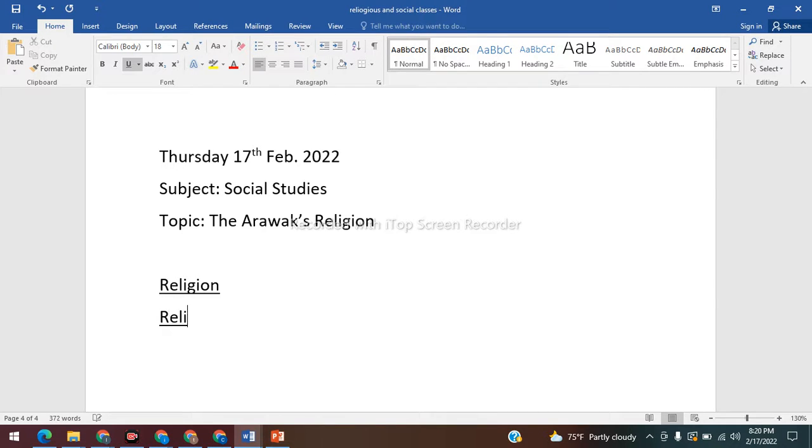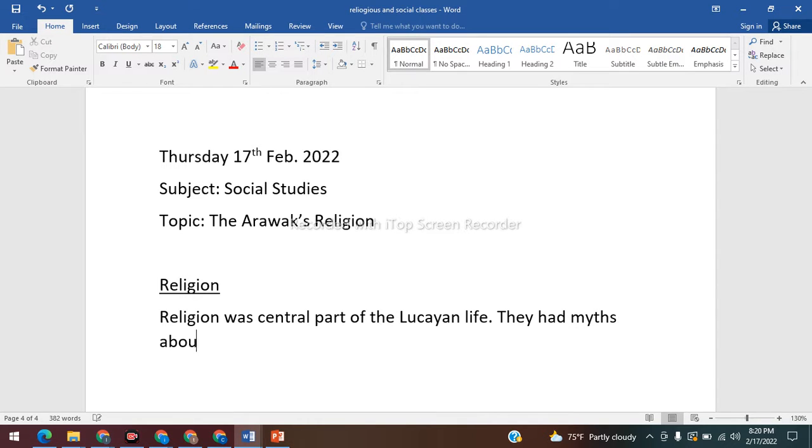So religion, was it a central part of their life? Yes, sir. So religion was a central part of the Lucayan life. They had myths about how the world and man was created.